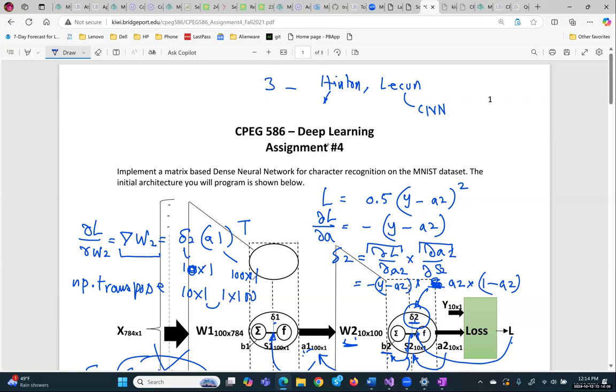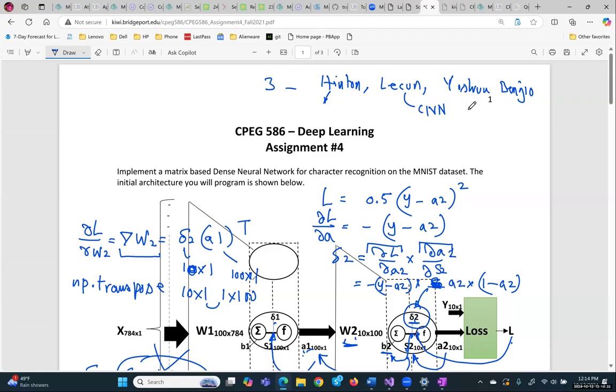Okay, and the third one is Yoshua Bengio.